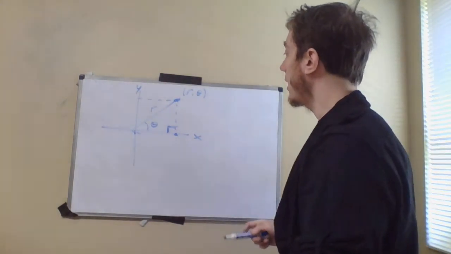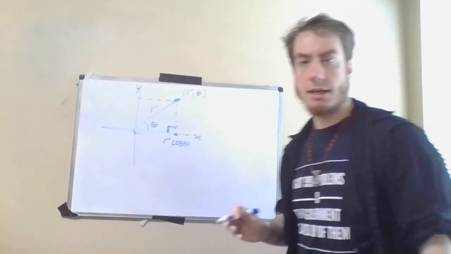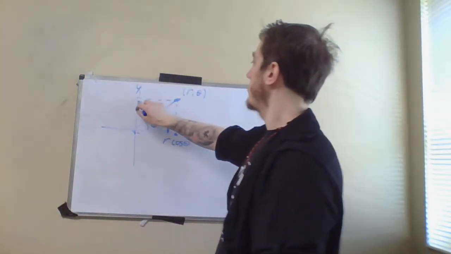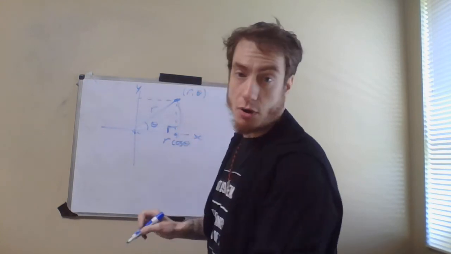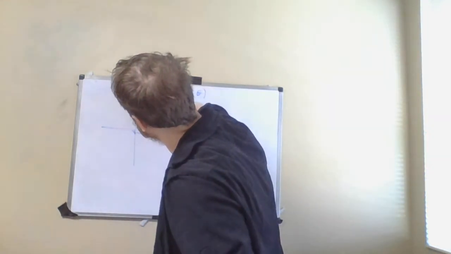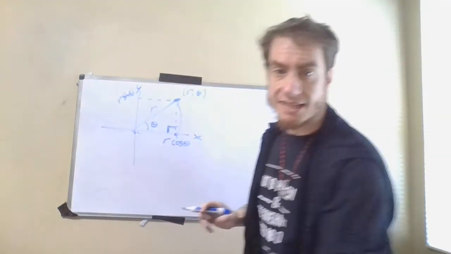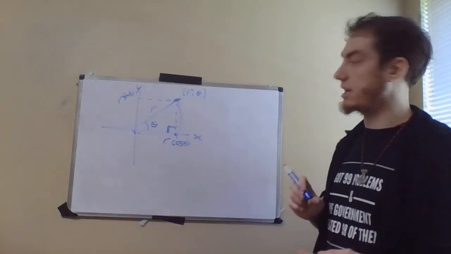And so, well, this right here is going to be r cosine theta. And the point along the y-axis, well, that's going to be this side of the triangle here. That is going to be r sine theta. So like I said, it's not actually a very complicated thing. It's just coming straight out of trigonometry.